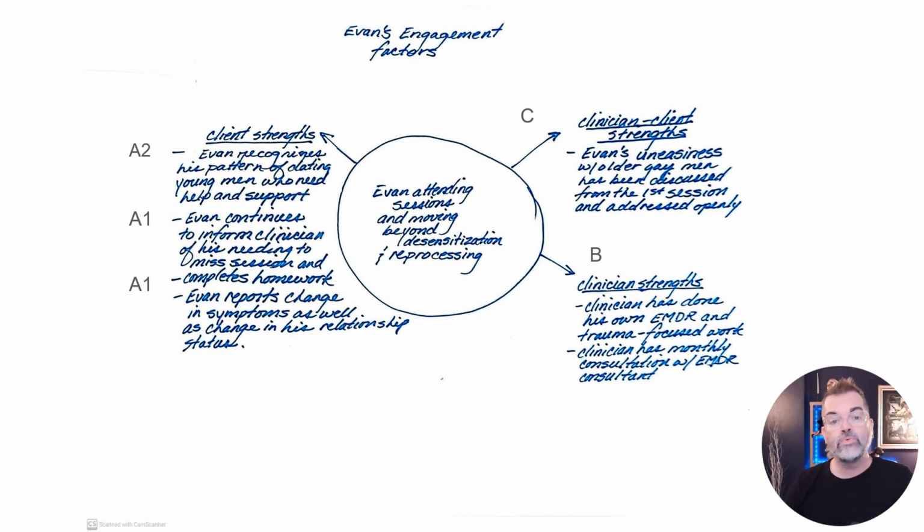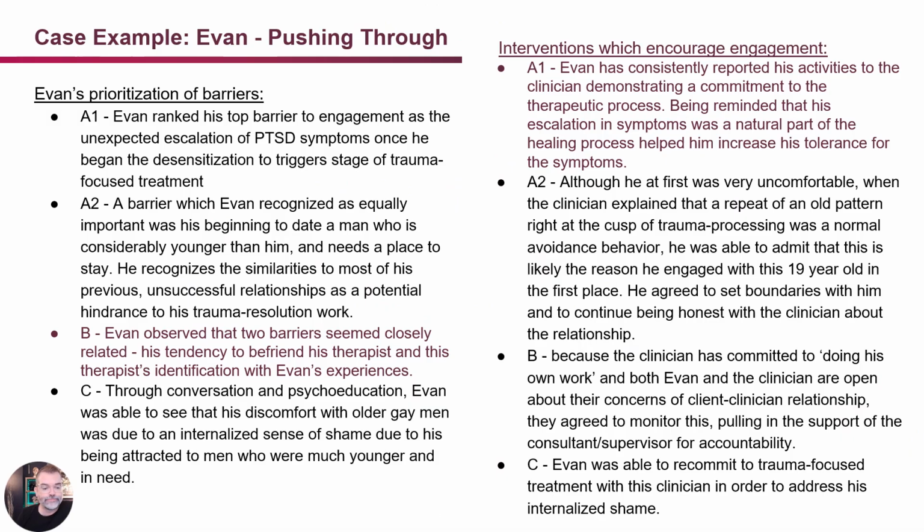And so those were the three or four main strengths that we identified, mostly Evan identified, that would be helpful in getting him back engaged and doing the hard work of the desensitization and reprocessing phase of trauma treatment. So I think I just talked through a whole bunch of that.